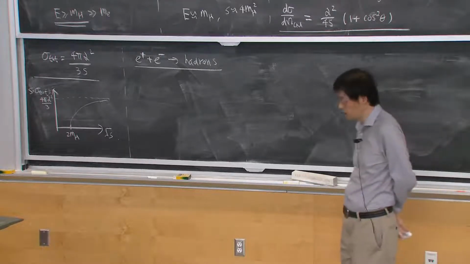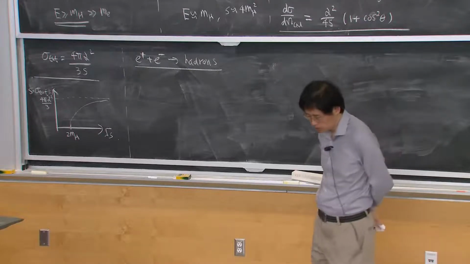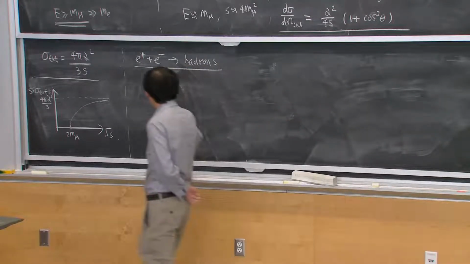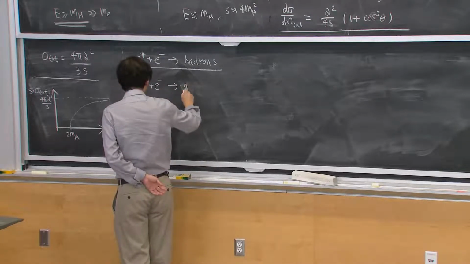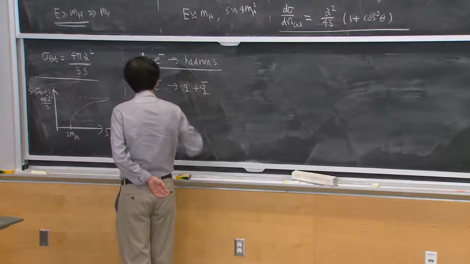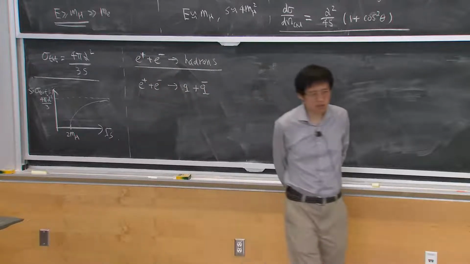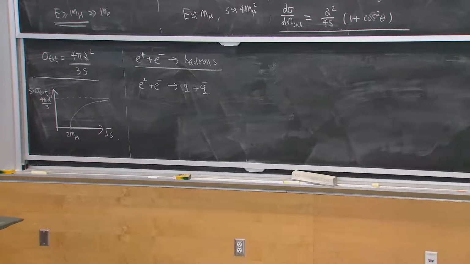It's because suppose you have E plus, you create a quark and anti-quark pair. But you remember the quarks are confined, so we don't observe individual quarks.